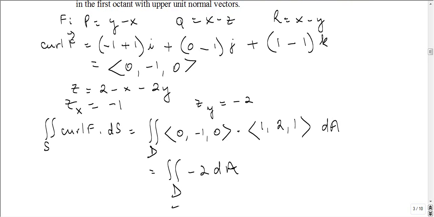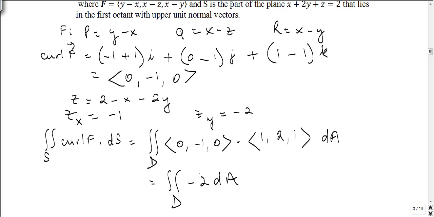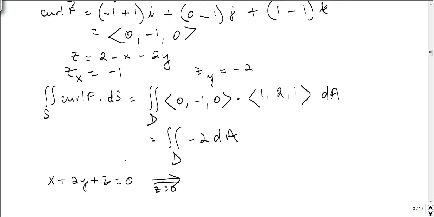So x plus 2y plus z equals 2. Set z equals 0: x plus 2y equals 2.